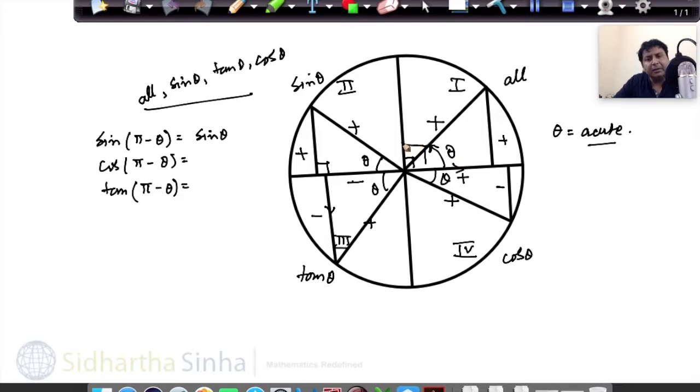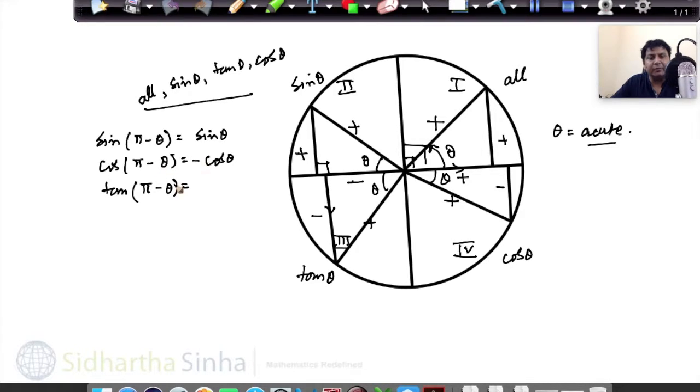You can see pi minus theta, pi plus theta, 2 pi minus theta, 2 pi plus theta, all the quantities won't change. So cos pi minus theta will remain cos theta only. But you have to see whether cos in this quadrant is negative or positive.